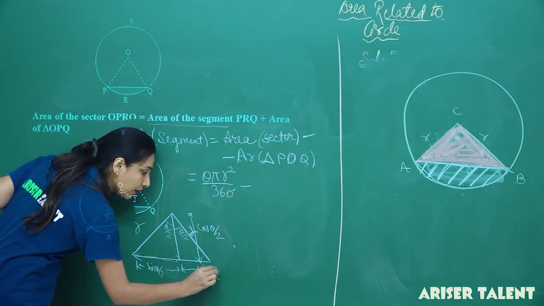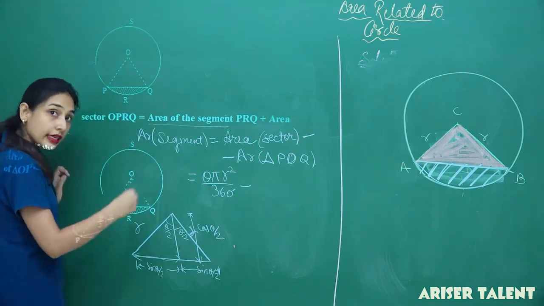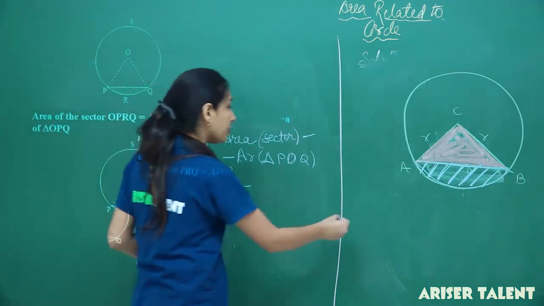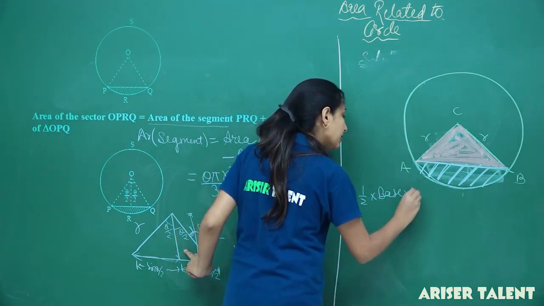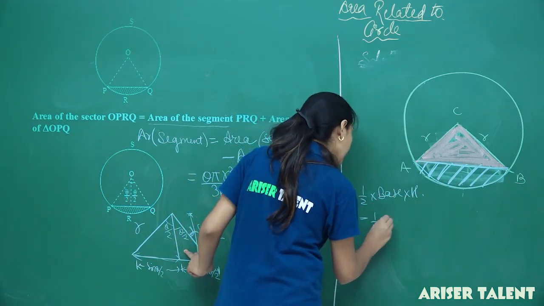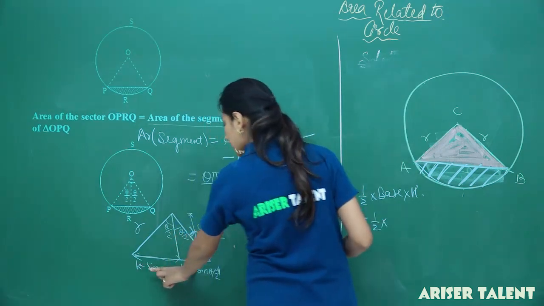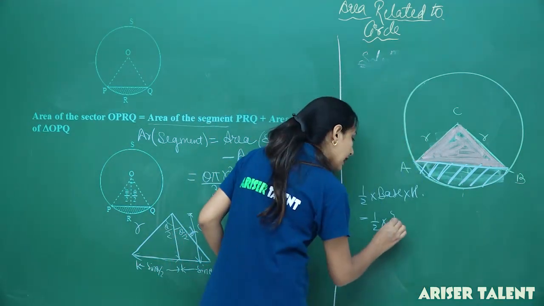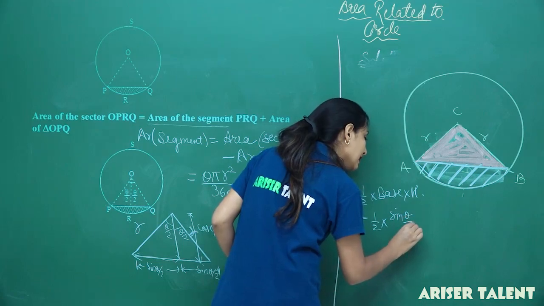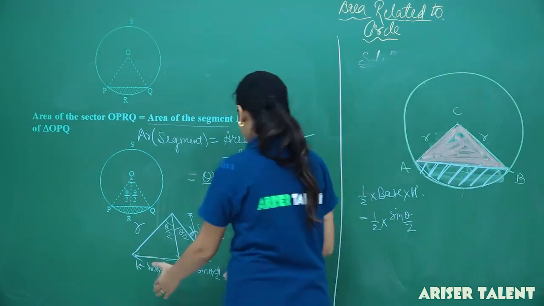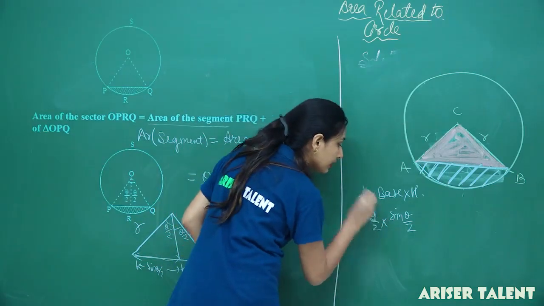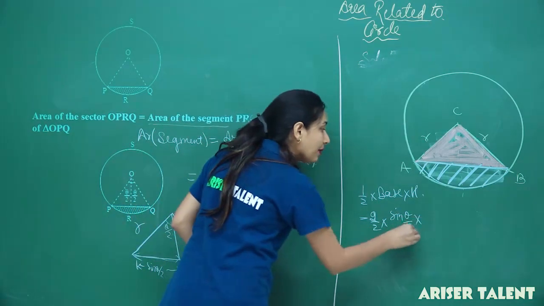And if I am talking about the area of this complete triangle, what will it be? Half multiplied by base multiplied by height, isn't it? So half is half, and the base is sin theta by 2 plus sin theta by 2, which gives you 2 sin theta by 2, so I am writing 2 sin theta by 2 here, multiplied by the height.